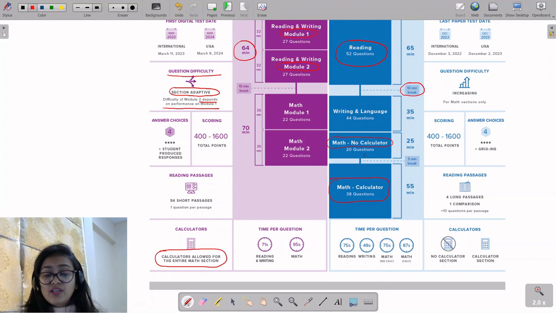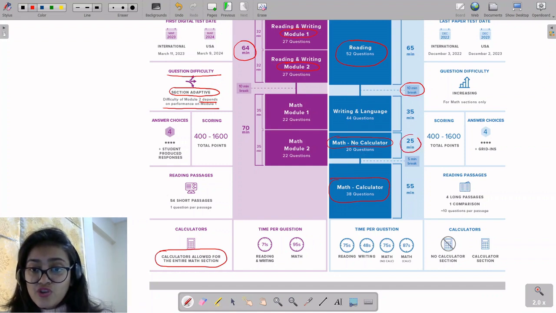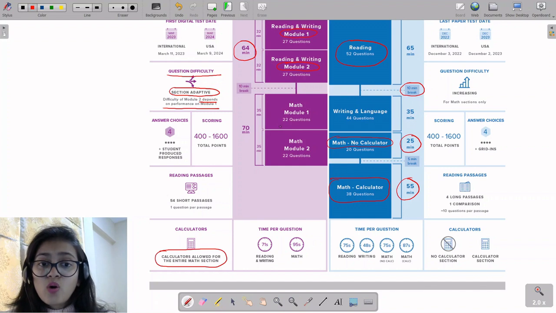So previously you had 2 sections on math. One section was of 25 minutes in which you were not allowed calculator. And then the next section was of 55 minutes in which you were allowed to use the calculator. But now for the entire math section, you will be allowed the calculator.